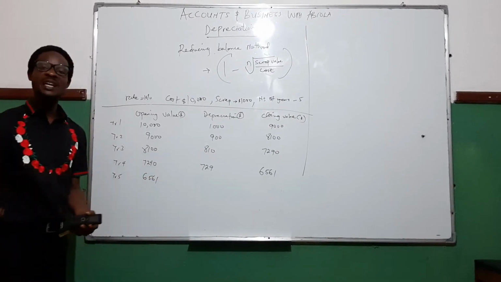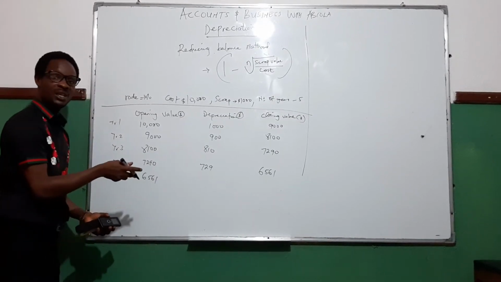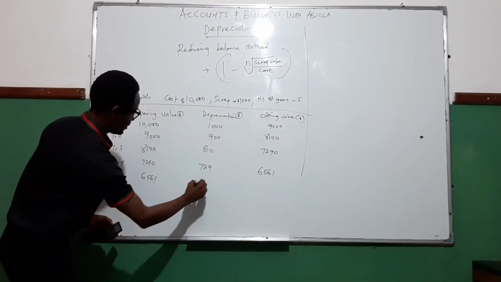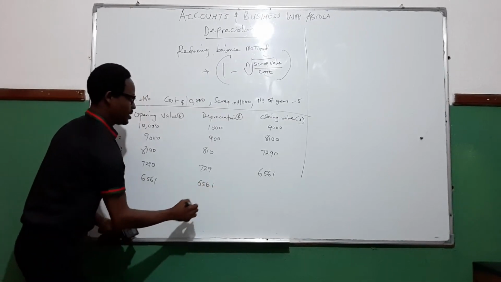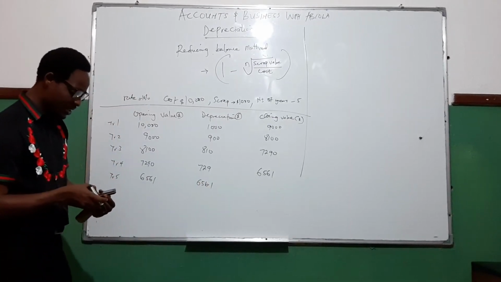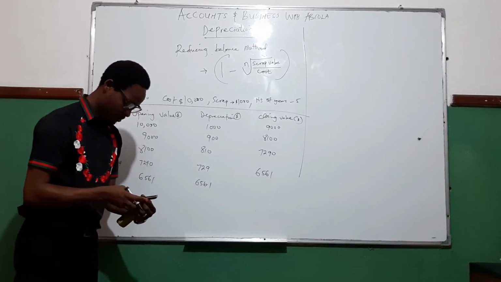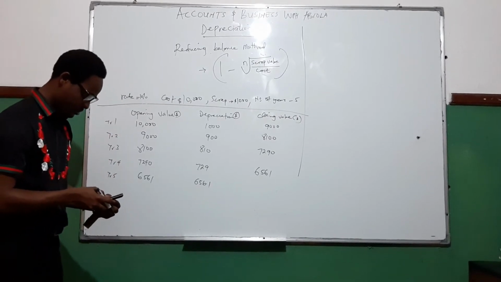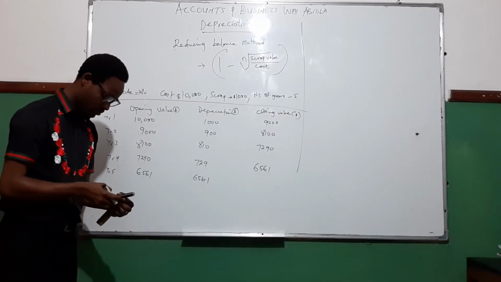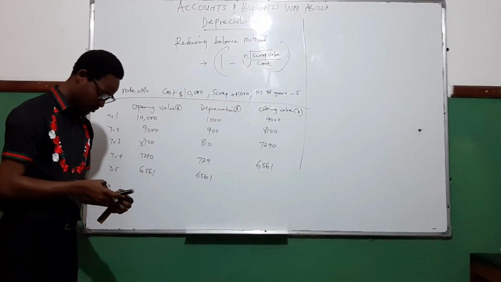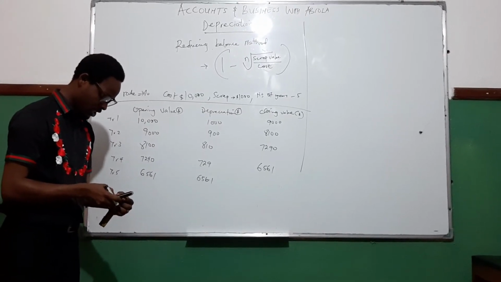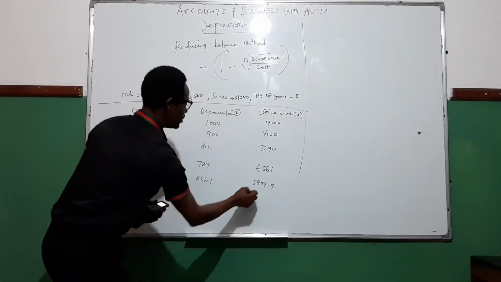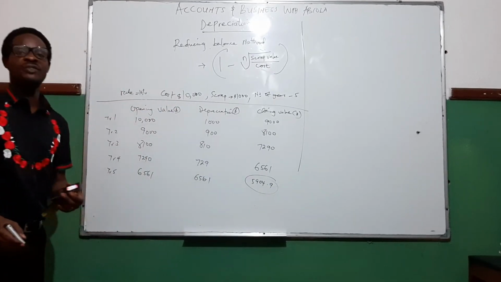So 10% of 6,561 gives us the depreciation in year 5, which is 656.1. So 6,561 minus 656.1 gives us 5,904.9. This is the value at the end of year 5.